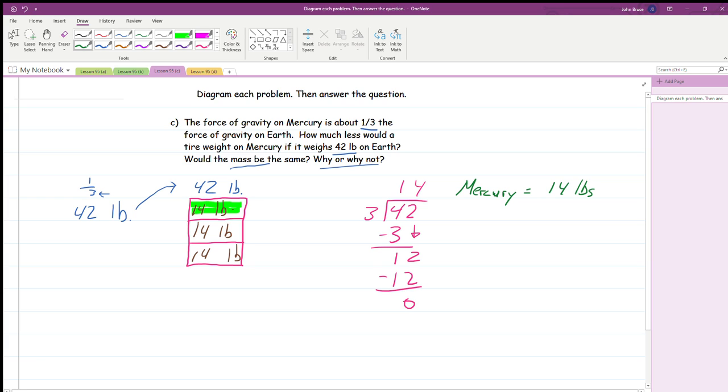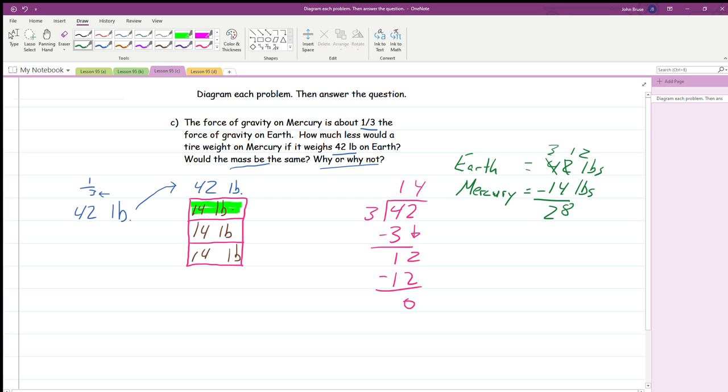But it also says how much less would the tire weigh on Mercury. So it doesn't want to know how much you weigh on Mercury. It wants to know how much less you weigh. So on Earth, you equal 42 pounds. Now, I could subtract this. That's one way to solve this problem. We got 12, so that leaves me with 28.